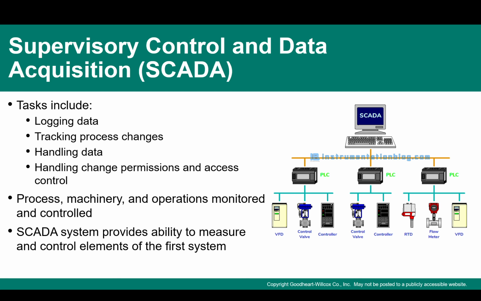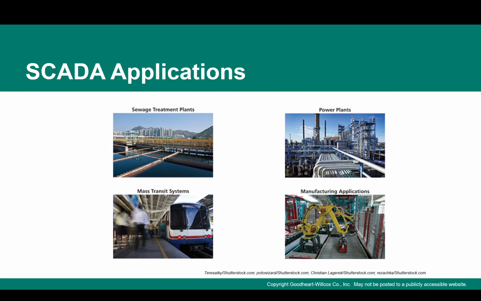Some of the tasks of the SCADA system are logging data, tracking process changes, handling change permissions and access control, and monitoring and controlling process machinery and operations. The SCADA system provides the ability to measure and control elements of the system. Okay, so that's another very important keyword, SCADA. Make sure that you understand the terminology and what SCADA stands for.